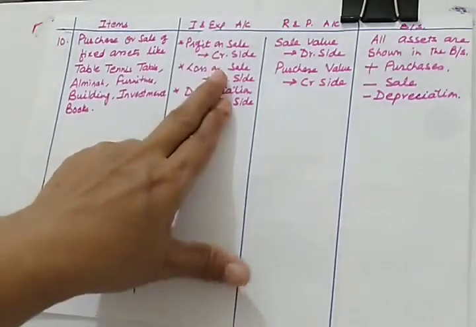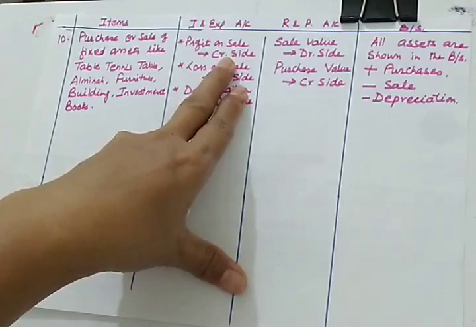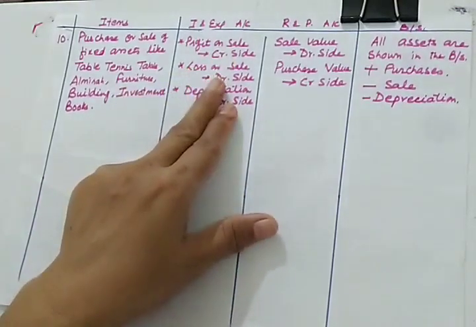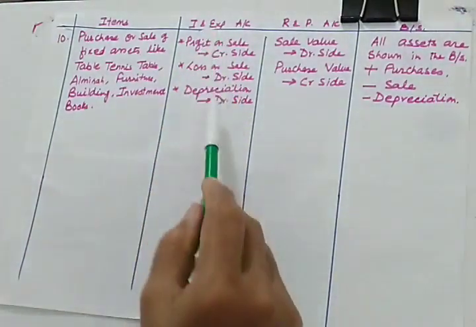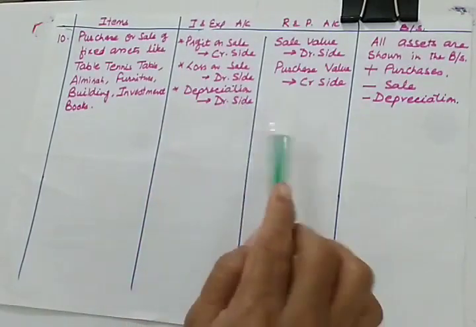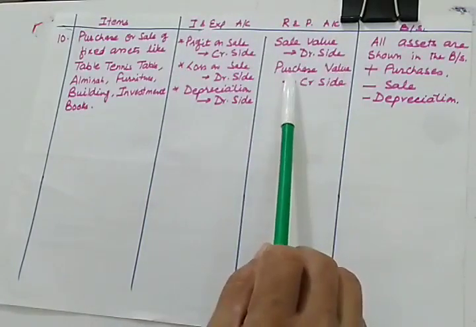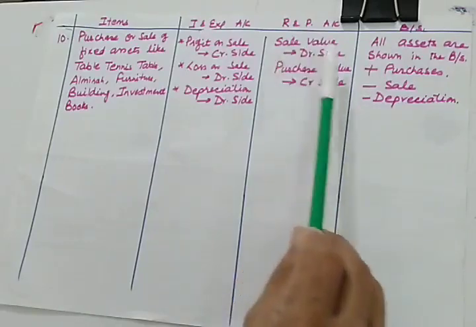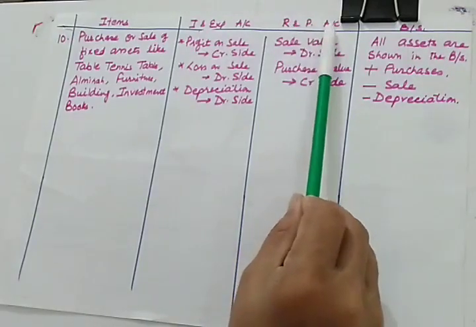So whatever profit we are having on sale of these assets, for example, if you are selling your old books or old table tennis table, in that case whatever profit you are having, it will be shown on the credit side, and if there is a loss, it will be shown on the debit side of income and expenditure, and depreciation amount will be shown on the debit side. Likewise, in receipt and payment, full sale value will be shown on the debit side and full purchase value on the credit side of receipts and payment account.